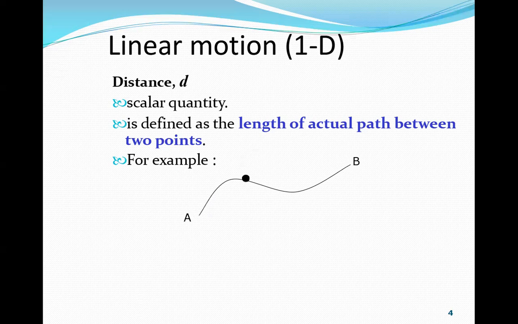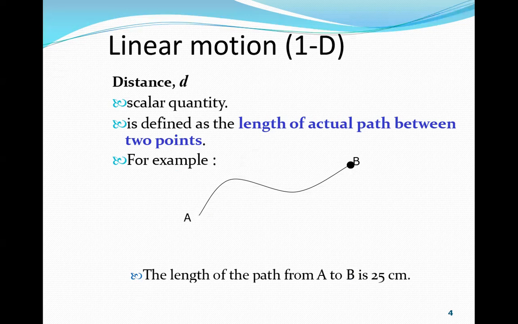It means in linear motion, it's not important that we are moving in a straight line only, but the body should move on a single axis. In a single axis, there are no horizontal and vertical components. The length of the path from A to B is 25 meter. It means that is the distance.